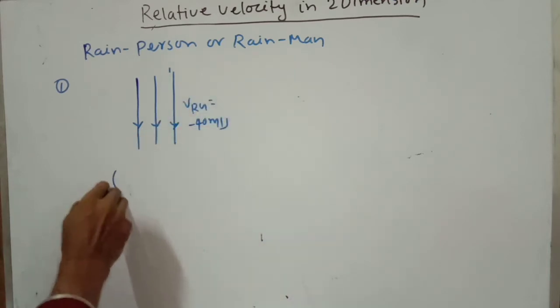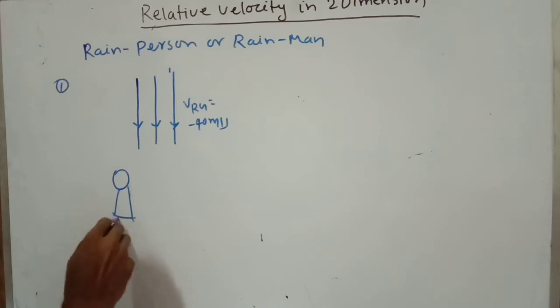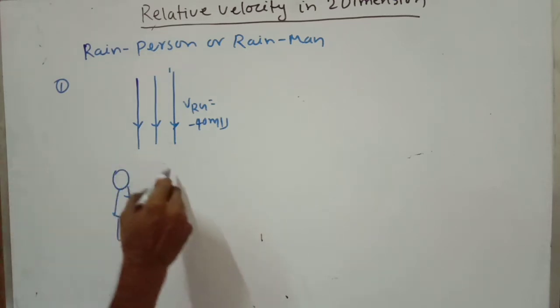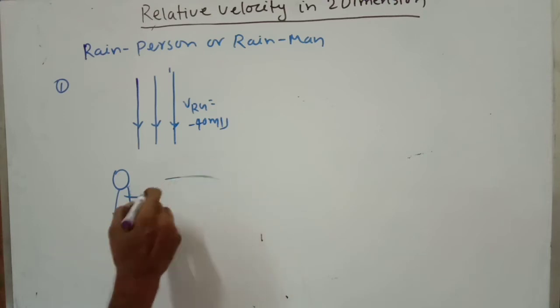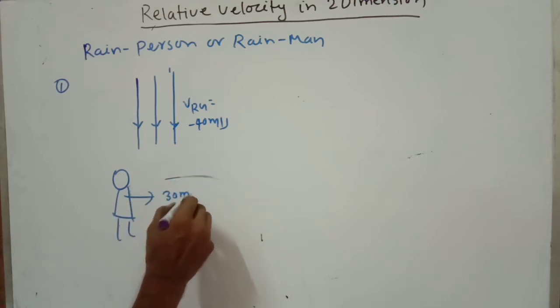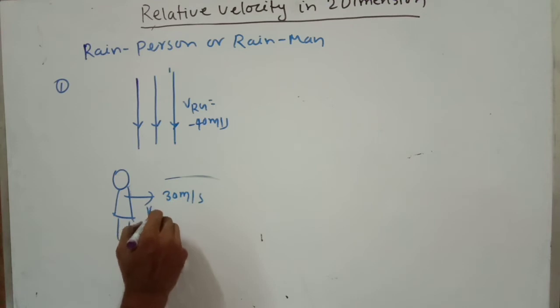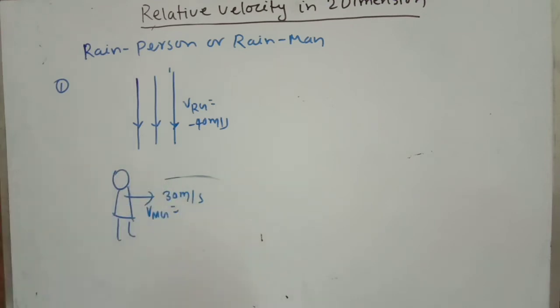Now let the man start running in this direction at 30 meter per second. So the velocity of man with respect to ground is 30 meter per second. In which direction should he open the umbrella to be saved from the rain?